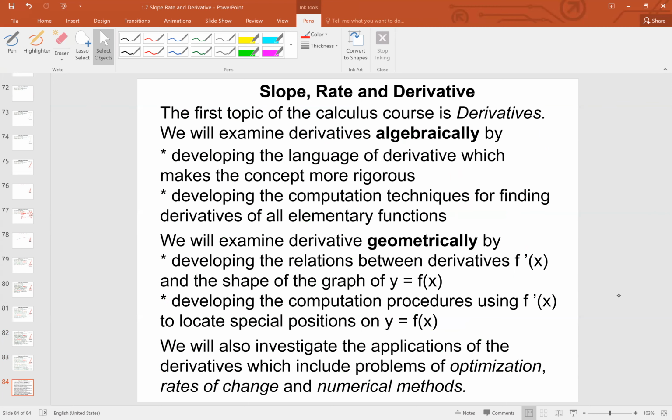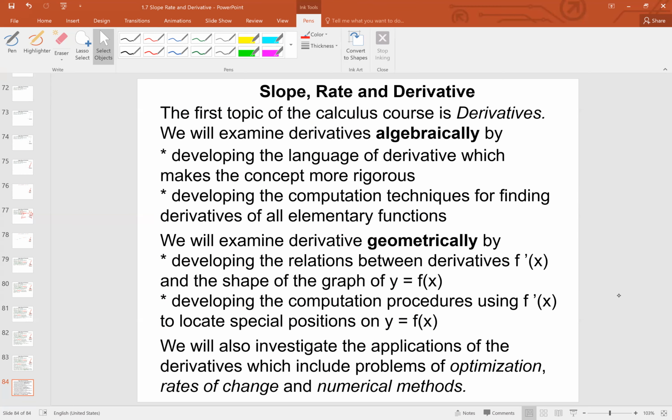What we'll do for this semester, mostly, is derivatives. We're going to talk about how to calculate the derivative a little more rigorously in terms of the language we're going to use, and we're going to come up with computation techniques that would enable us to calculate the derivatives of all the basic or elementary functions, the algebraic ones. Then we're going to also look at slopes, since positive and negative slopes, or slope zero, all have geometric meanings, pointing in different directions.